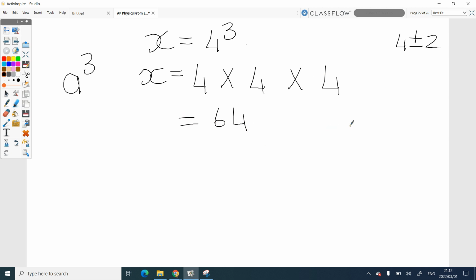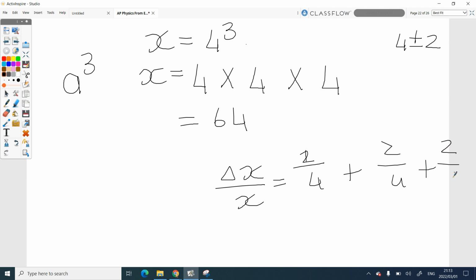So that's the easy part. But now we need to say plus minus what? So this is actually just 4 times 4 times 4. So you have to say the fractional uncertainty in x. Again, if we were just plain straightforward multiplying them up, it would be 2 over 4 plus 2 over 4 plus 2 over 4.